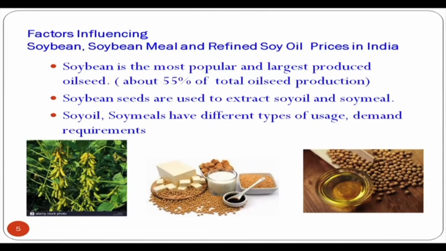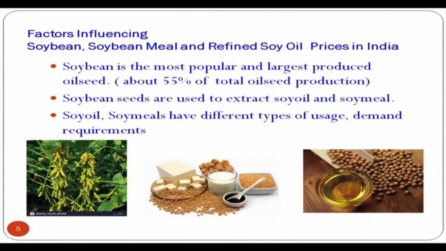Soya oil and soya meal have different usage, different demand, different supply chain constraints, and different export-import rules and regulations. That is the reason why you will come across the way the price of soya bean moves vis-a-vis soya oil, or soya oil price vis-a-vis soya meal.